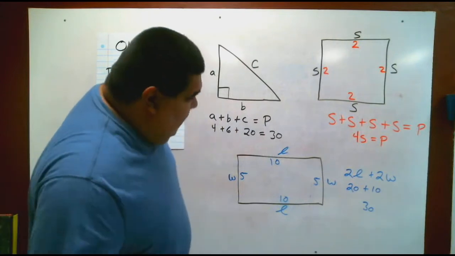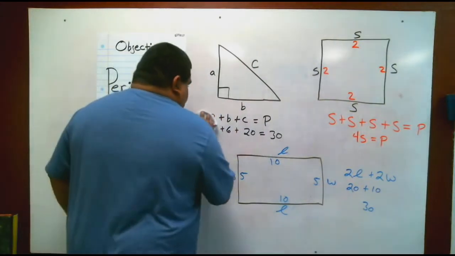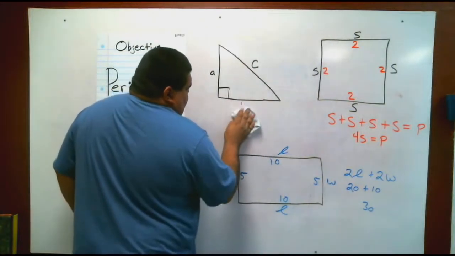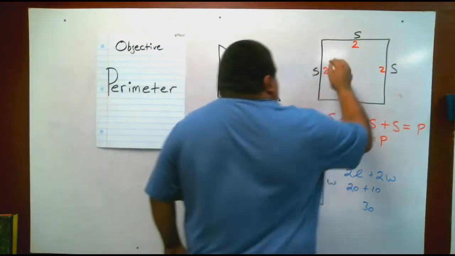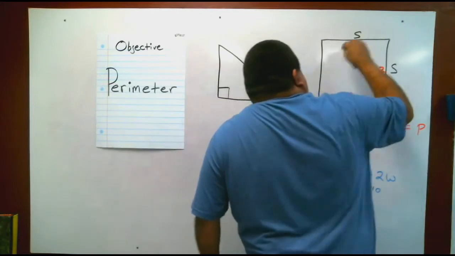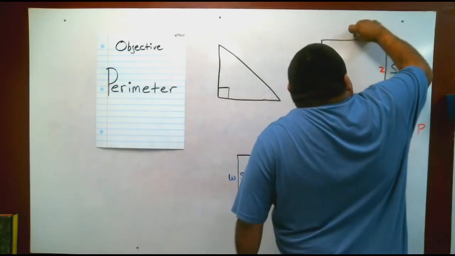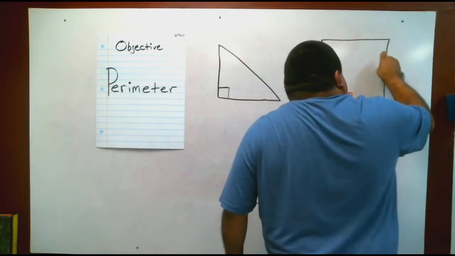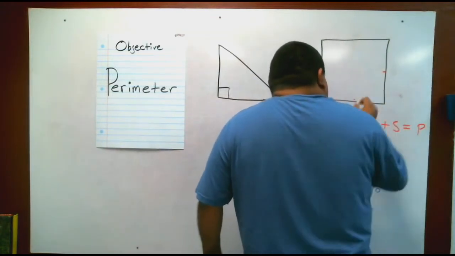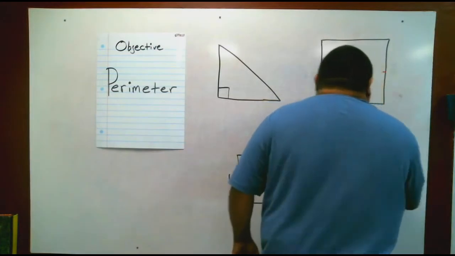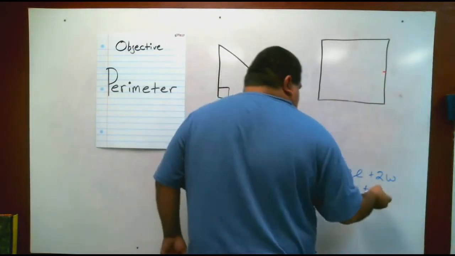All right, so now that you guys have it on your paper, I'm going to give you guys numbers to write in here. You guys are going to solve it. Remember, we are solving for the perimeter.